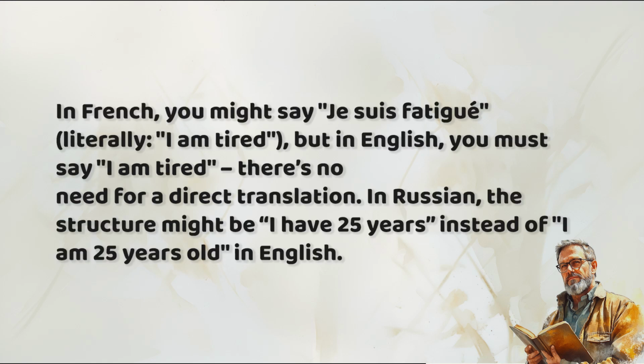For example, in French you might say je suis fatigué, literally, I have tired, but in English you must say I am tired. There's no need for a direct translation. In Russian, the structure might be I have 25 years instead of I am 25 years old in English.